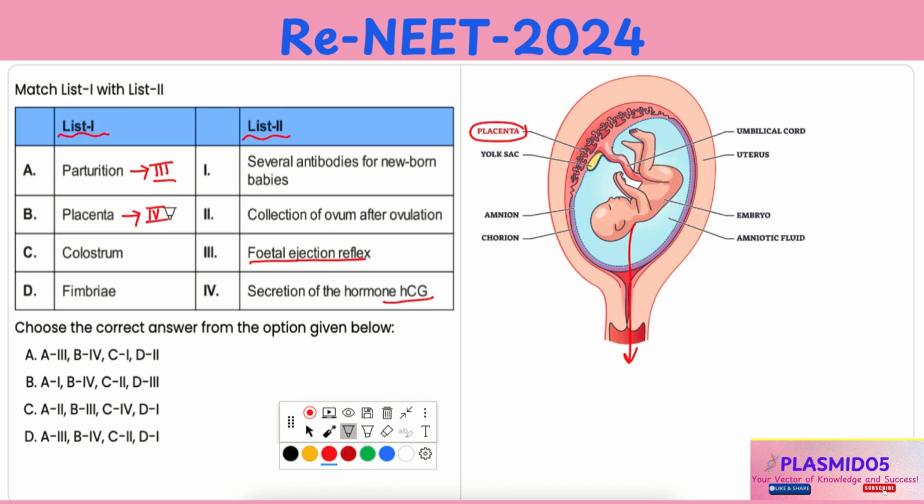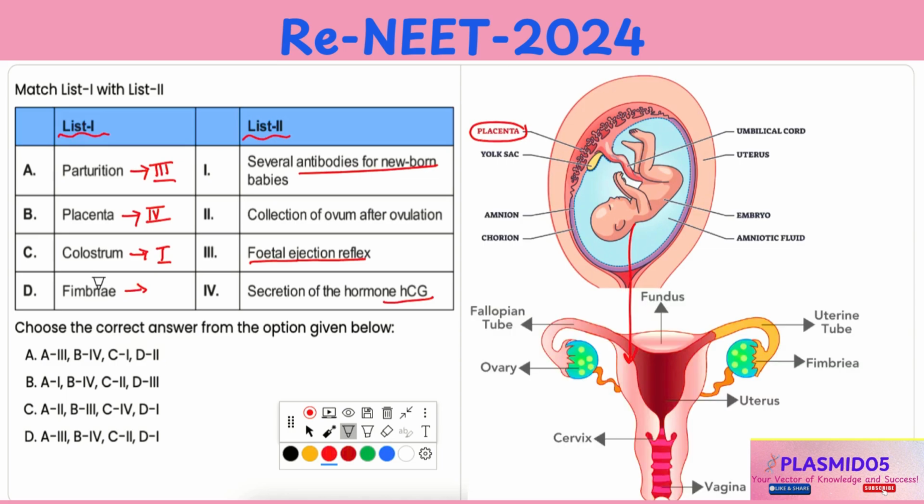Now, colostrum is the first milk produced by the mother, which is rich in antibodies, providing passive immunity to the newborn. Hence, C matches with 1. Now, fimbriae are finger-like projections at the end of the fallopian tubes that help capture and guide the ovum from the ovary into the fallopian tube after ovulation.